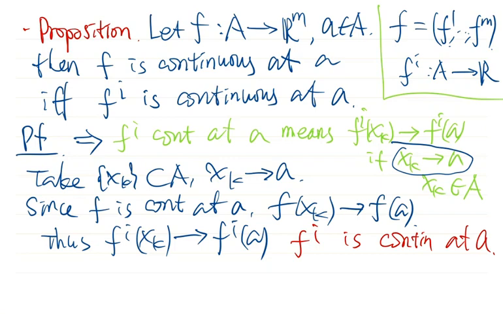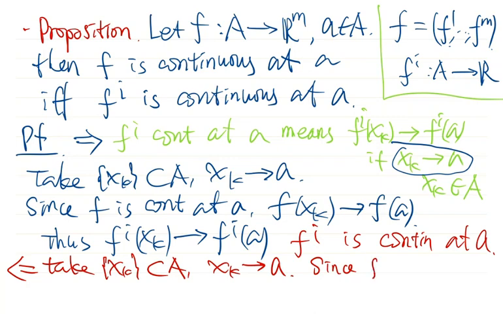For the if part, it's the same. We want to show that f is continuous at a, so we need to take a sequence in A which is converging to the point a, and try to show that f(xk) converges to f(a). So we take xk in A, xk converges to the point a.